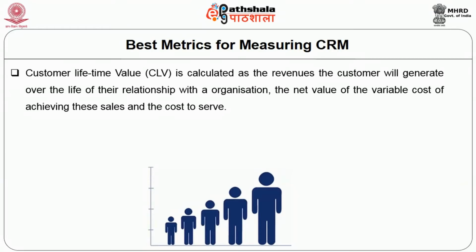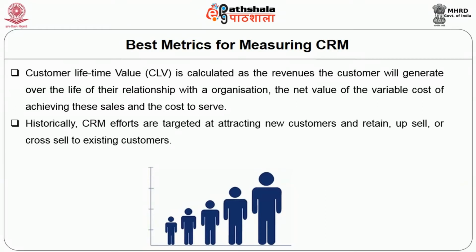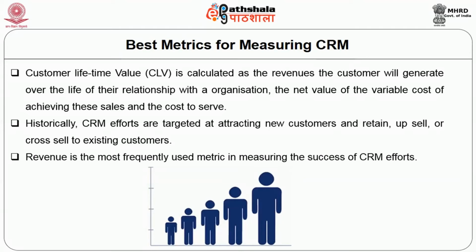Historically, customer relationship management efforts are targeted at attracting new customers and also retaining the existing customers, which is very important and which we call retention of the customers. Revenue is the most frequently used metric in measuring the success of CRM efforts.